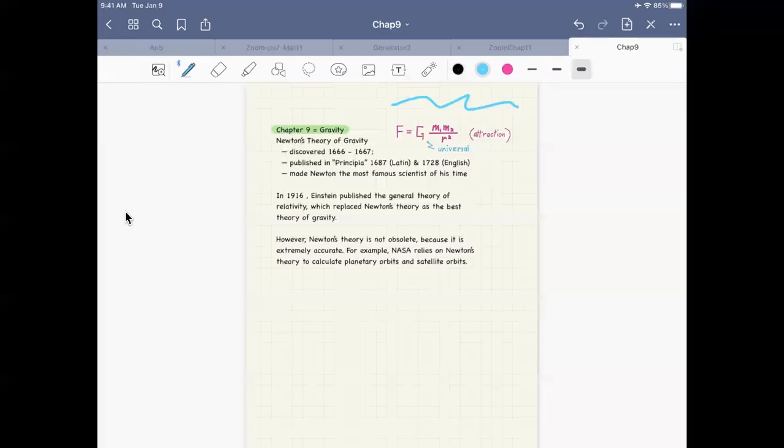The force between two masses: suppose you have two masses, M1 and M2, separated by a distance r. Well, it's an interaction, so consistent with Newton's third law of motion, there are equal but opposite forces.